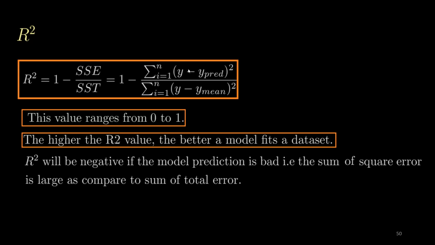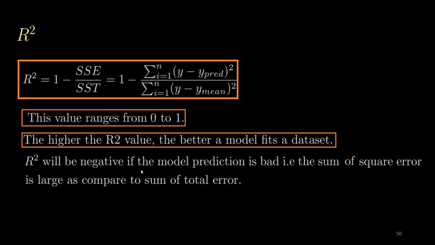So in order to avoid 0, we subtract this from 1. So this concept of R square is the same concept as that of a correlation, that the value of R square tells us how much correlation is present between the independent variable and the dependent variable, or between the target values and our features. That's why its value ranges from 0 to 1.